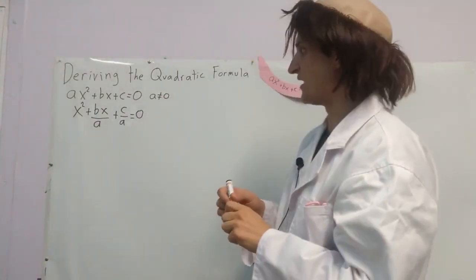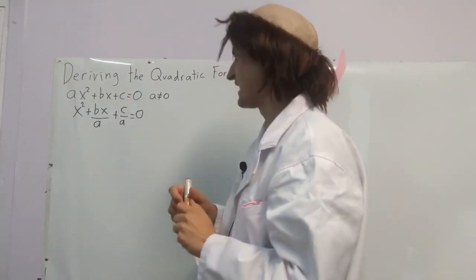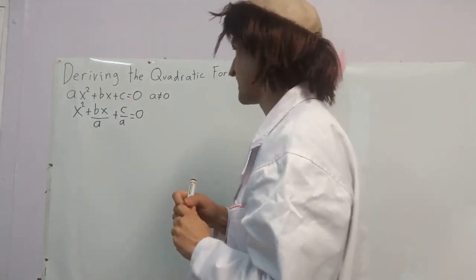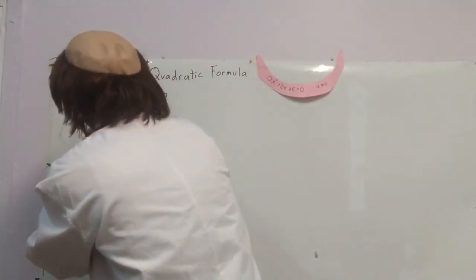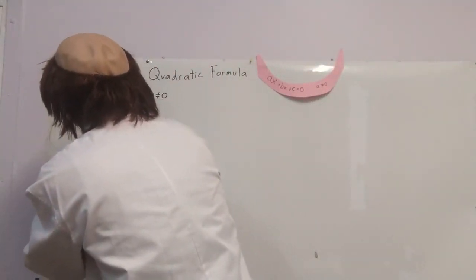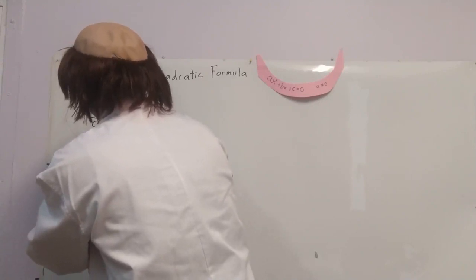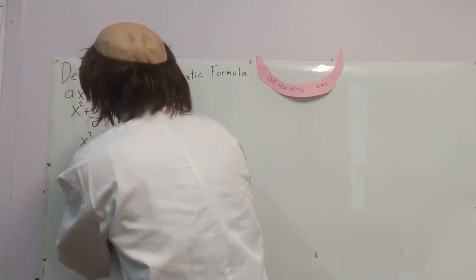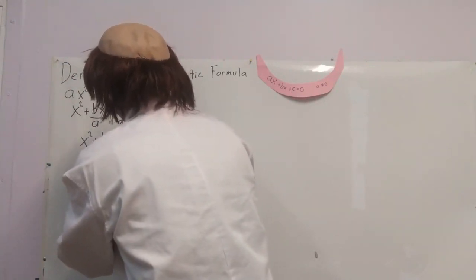That must be the one without an x. That's this one. Let's subtract both sides by c over a. We get x squared plus bx over a equals negative c over a.